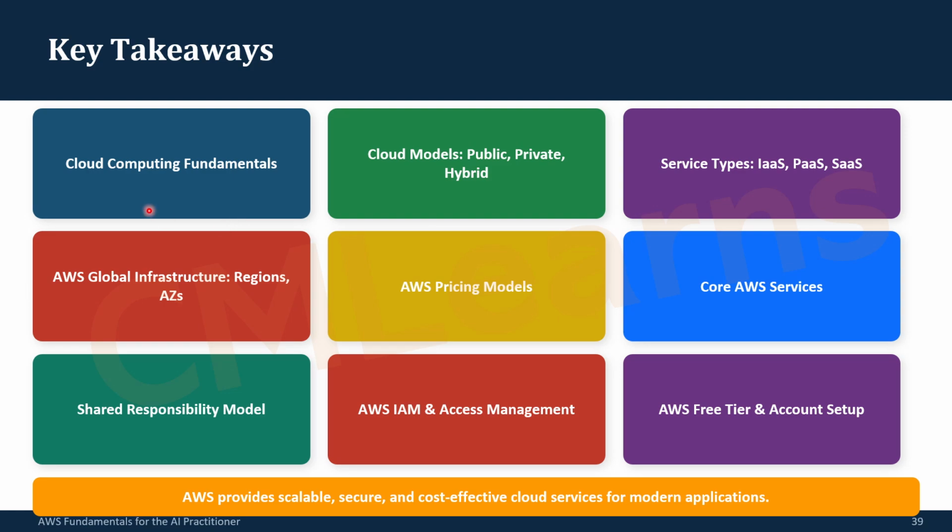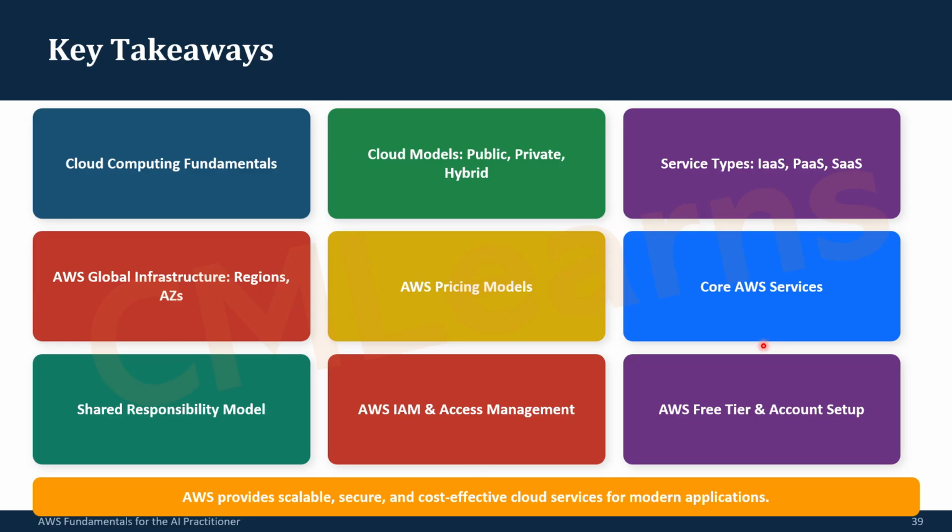We have a fundamental understanding of cloud computing, what cloud computing is, how it was launched, and what the models are. Three deployment models: private, multi-tenant, single tenant, and hybrid. And services like infrastructure as a service, platform as a service, software as a service. And AWS cloud, AWS global infrastructure, regions, AZs, local zones, and pricing models, on-demand, savings, everything.